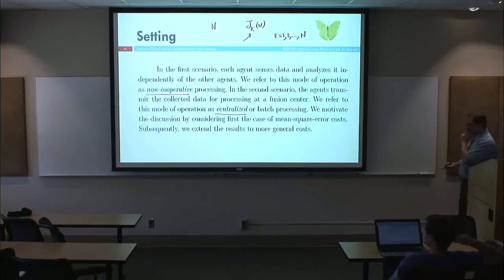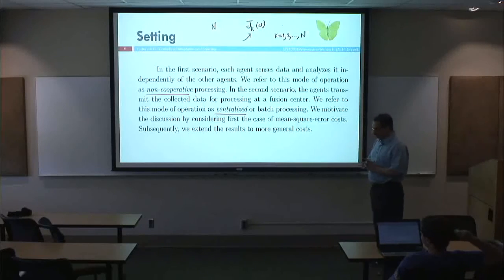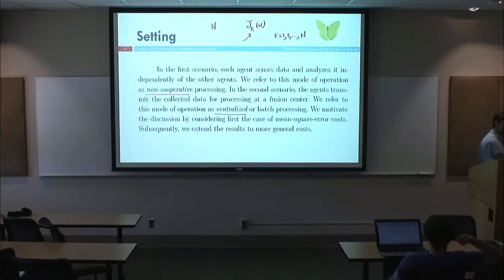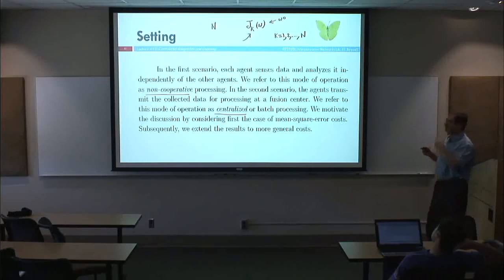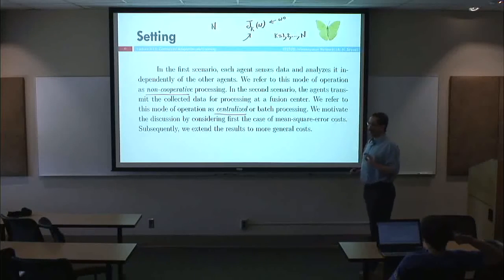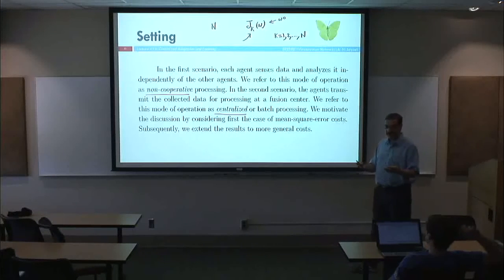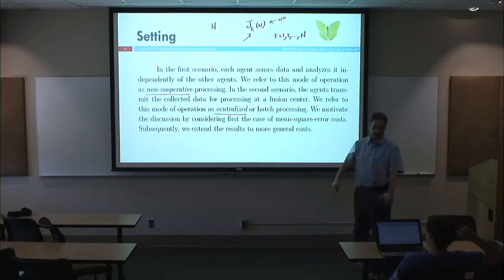In the non-cooperative scenario, I'm going to assume that all these costs have the same minimizer, the same minimizer omega 0, in order to allow for meaningful comparisons, okay? So if I have a multitude of N agents, each one working on its own, trying to estimate the same parameter, then the comparison among these agents becomes meaningful because they are all trying to solve the same problem, okay?